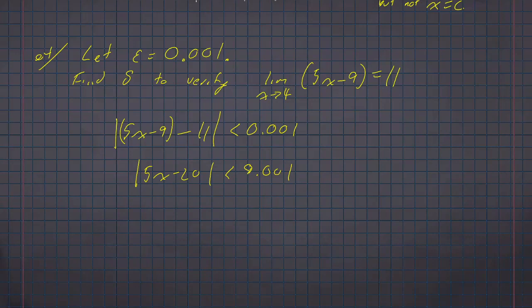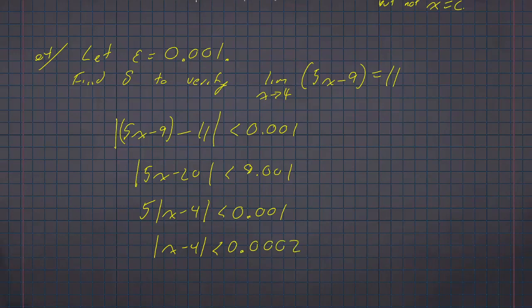And I can factor out a 5. So if I divide both sides of this inequality by 5, I get that the absolute value of x minus 4 has to be less than 0.0002.